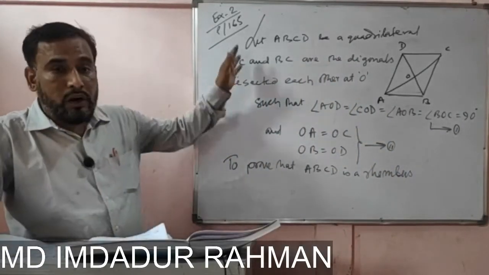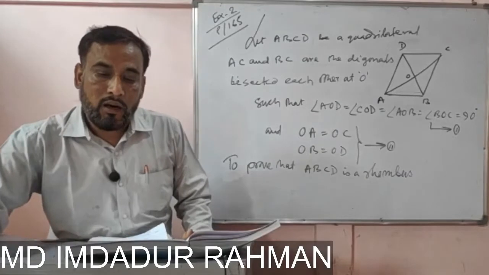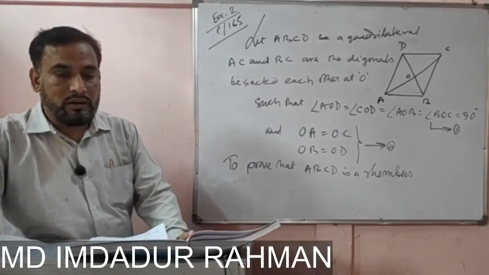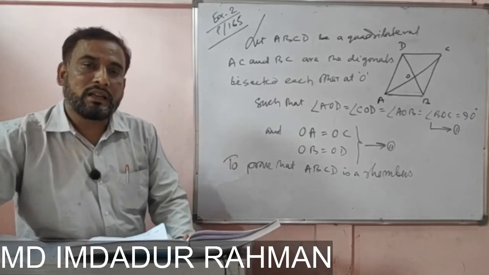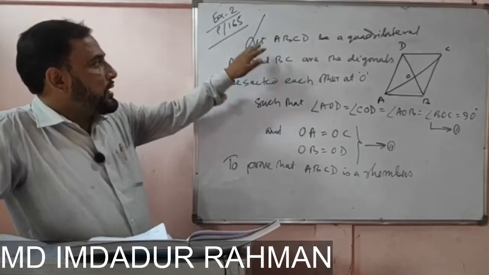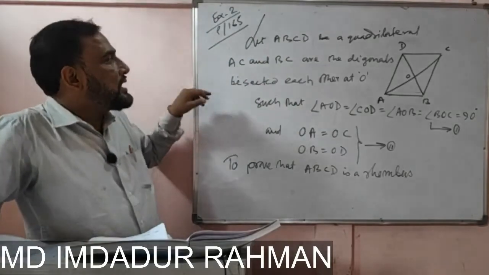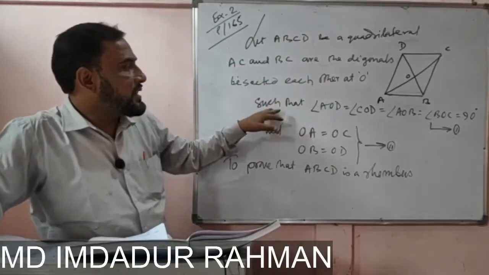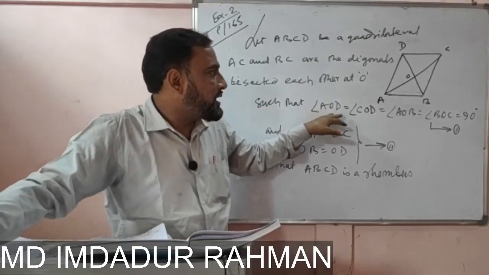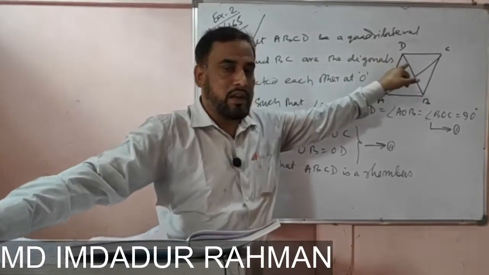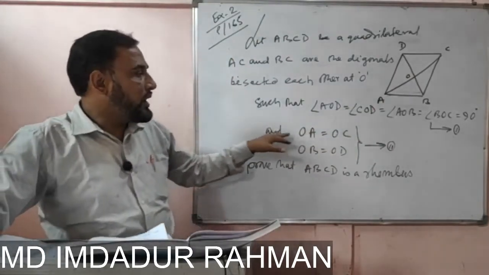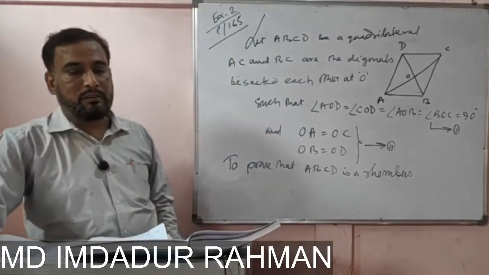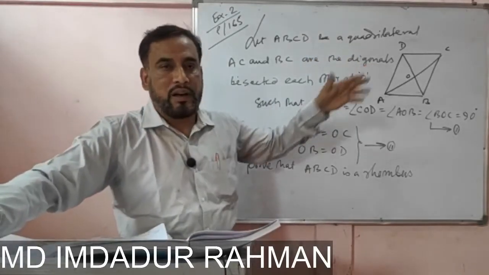Repeating again, we have to show that a quadrilateral whose diagonals bisect each other at right angles is a rhombus. So we have written: let ABCD be a quadrilateral, AC and BD are the diagonals bisecting each other at O such that angle AOD is 90 degree and OA is equal to OC, OB is equal to OD. To prove that ABCD is a rhombus. The construction part is already included in the first part.